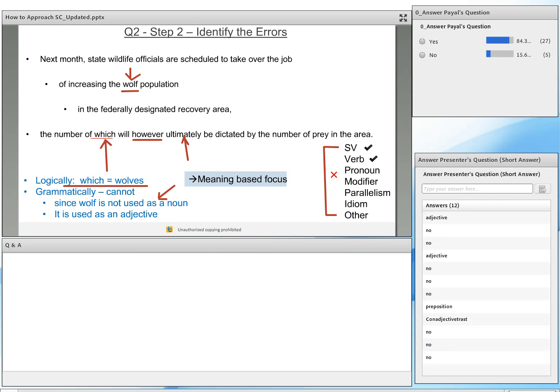It should be contextually driven, right? How does it make sense to say the number of state wildlife officials will ultimately be dictated by the number of prey? The author is not stupid, right? The author is writing a proper sensical sentence, a sentence that's communicating proper meaning. So you have to keep that in mind, all right?